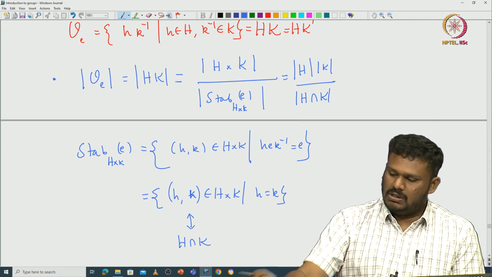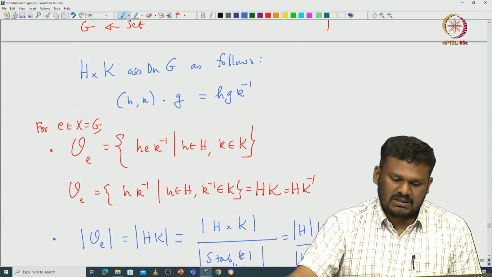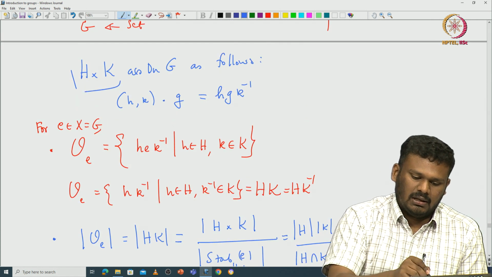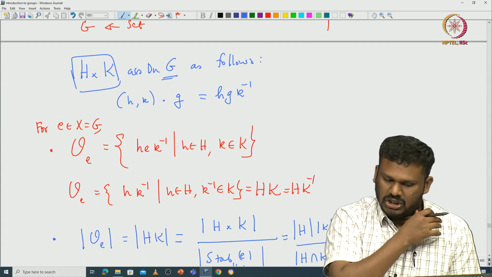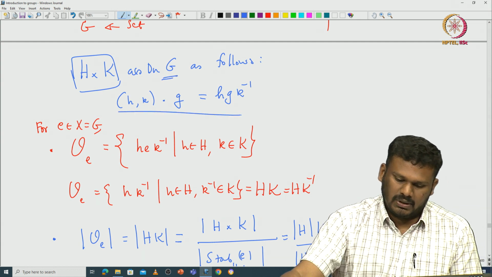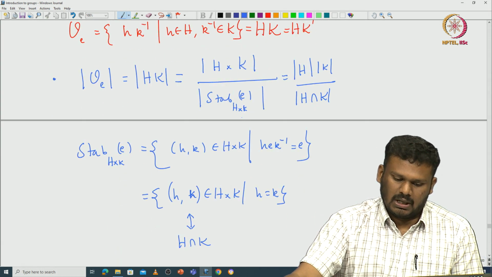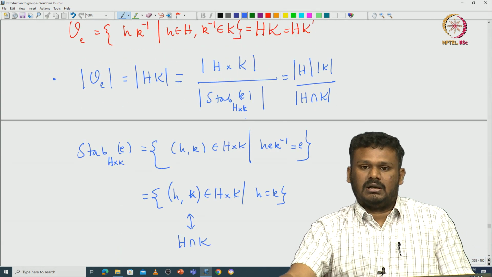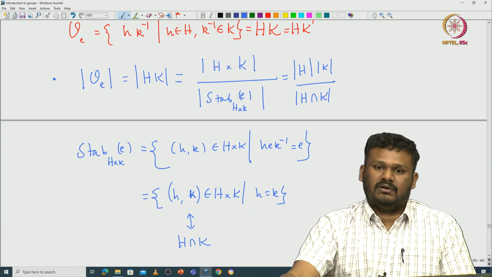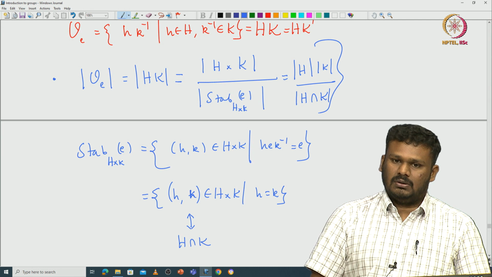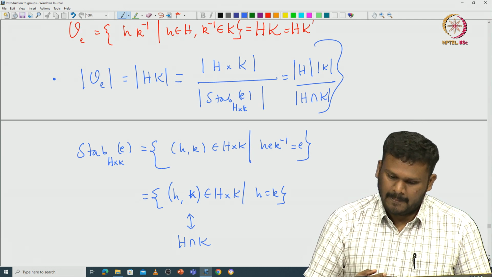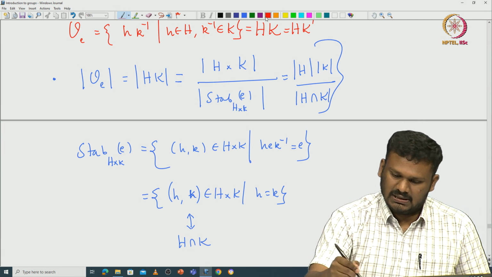So, by looking at this very specific action of H cross K on this particular set G, you can conclude that the cardinality of HK is nothing but the cardinality of H times the cardinality of K divided by the cardinality of H intersection K. This also can be proved using some elementary group theory. Maybe you can try to prove this; I will leave it as an exercise.